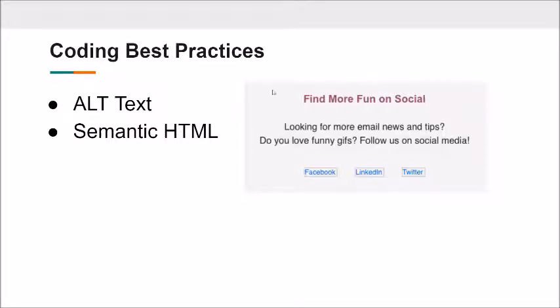For example, we have a little square here. It's a social media footer. You can find these on web pages and email templates. They have these 3 small squares at the bottom that say Facebook, LinkedIn, and Twitter. These are actually alt texts. With images turned on, you would see social media images, the icons that we're all familiar with.